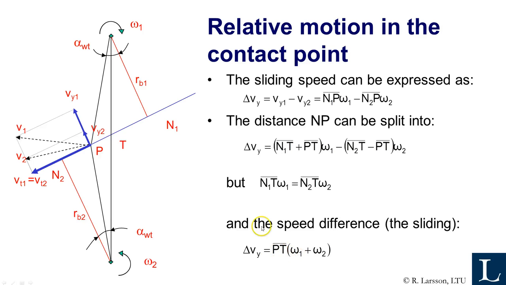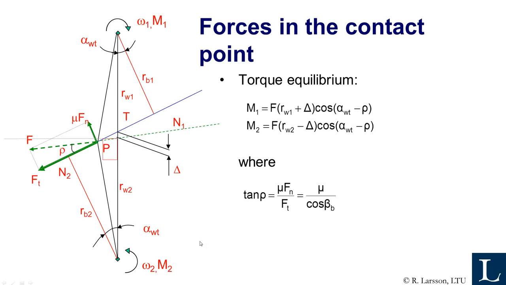And pt is simply a coordinate along the line of action for the contact point at the moment. So pt is varying from somewhere here to somewhere here during the engagement. Okay, stop the video and think this over.